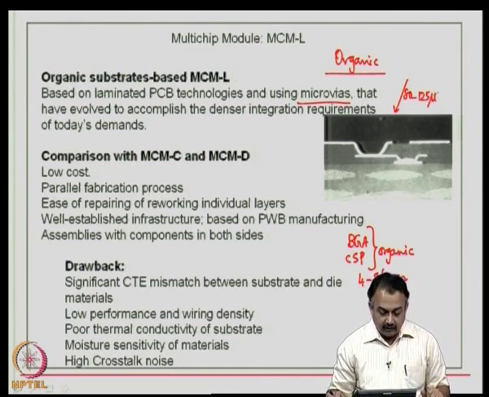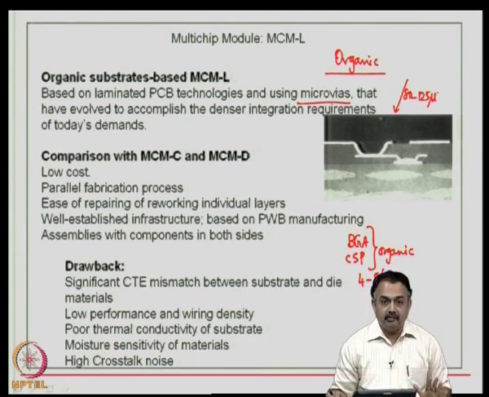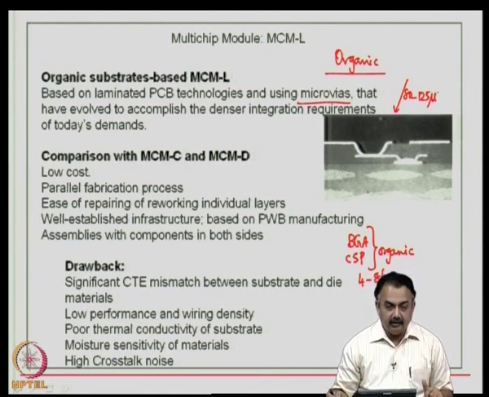So, one of the essential requirements is that you have to build these MCM-L substrates using PCB technologies, and you have to achieve higher integration that can comply with current demand.